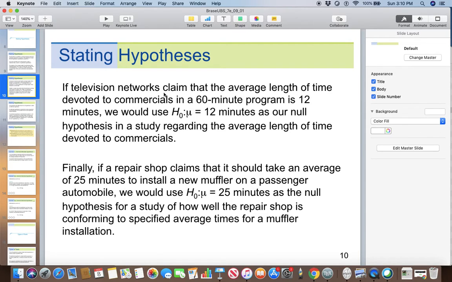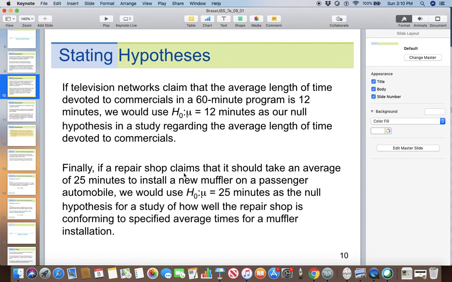If television networks claim that the average length of time devoted to commercials in a 60-minute program is 12 minutes, we use H0: mu is 12 minutes as our null hypothesis in a study regarding the average length of time devoted to commercials.